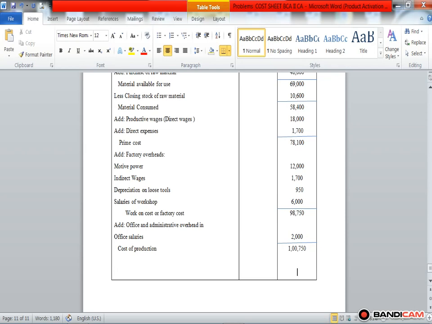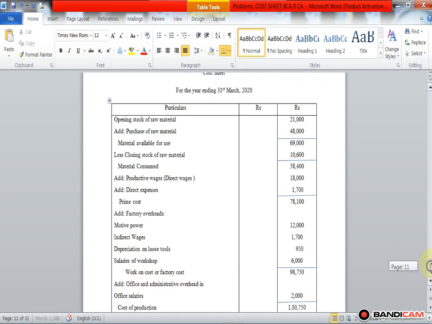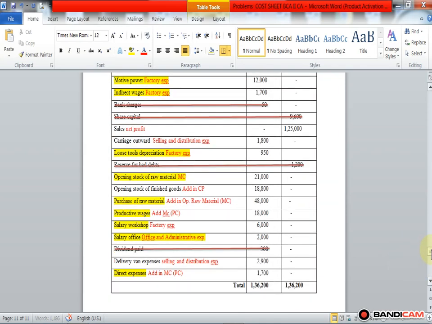Then we add here the opening stock of finished goods, which is also given in the problem. See here, opening stock of finished goods, add in cost of production, we highlight it, rupees 18,800.